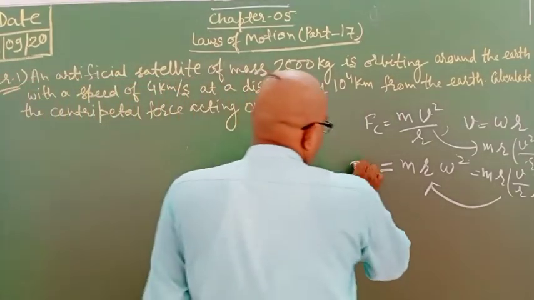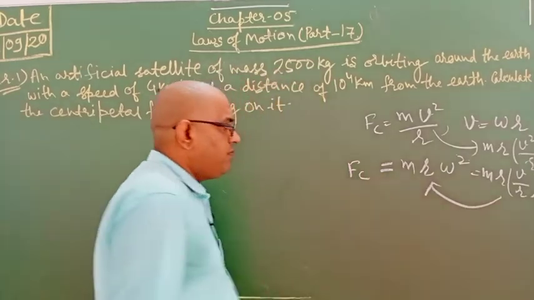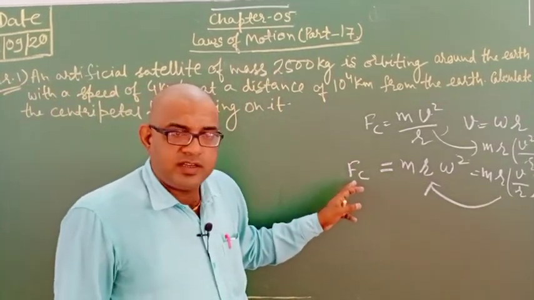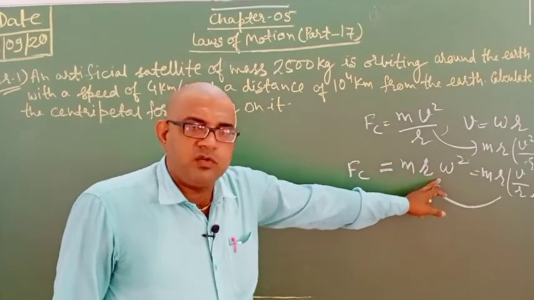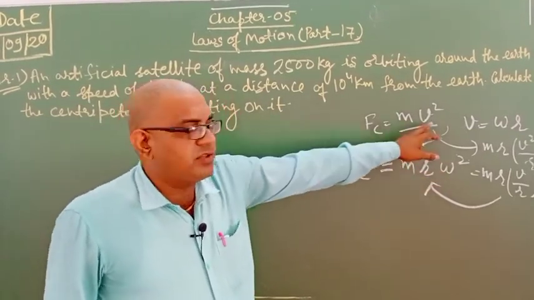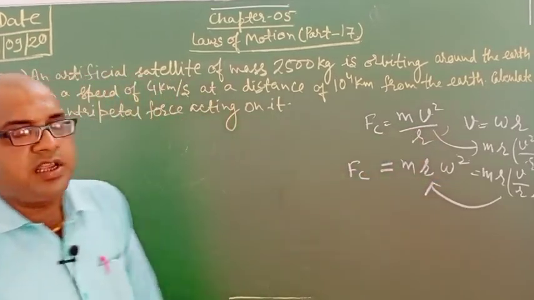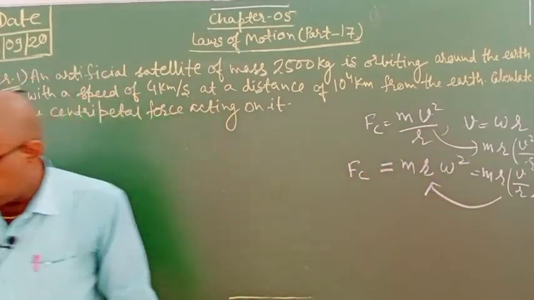So this is another formula relating the centripetal force with the angular velocity. Here centripetal force is related to the linear velocity, and here it is related to the angular velocity.